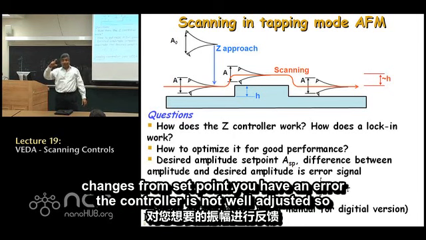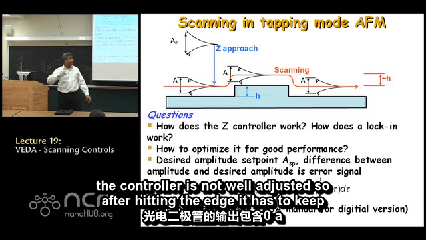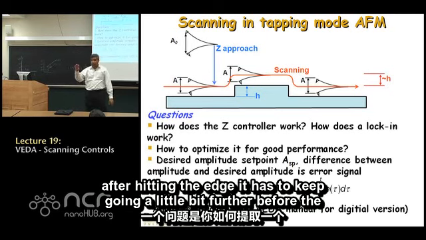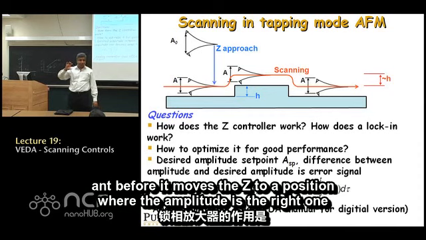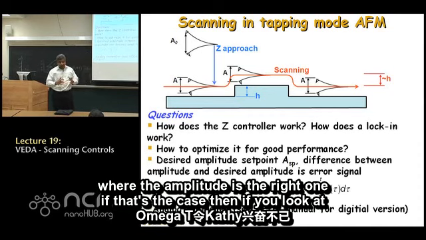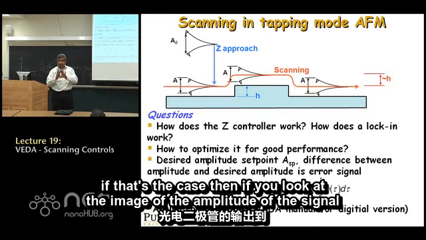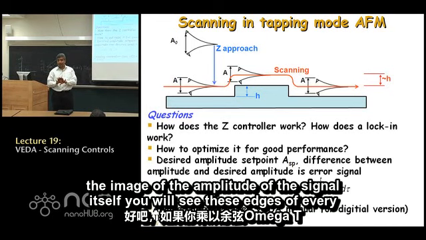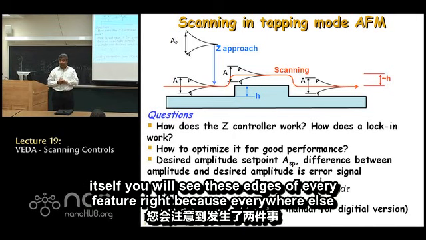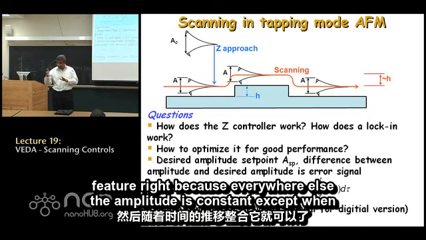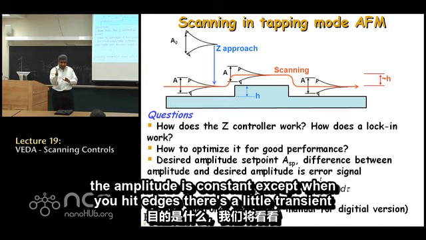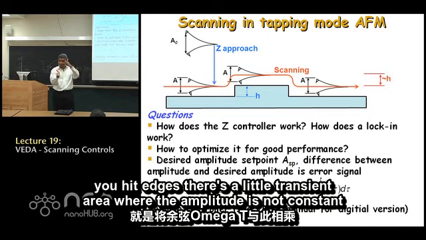The controller is not well adjusted, so after hitting the edge, it has to keep going a little bit further before it moves the Z to a position where the amplitude is the right one. If that's the case, then if you look at the image of the amplitude of the signal itself, you will see these edges of every feature, right? Because everywhere else the amplitude is constant, except when you hit edges, there's a little transient area where the amplitude is not constant anymore.